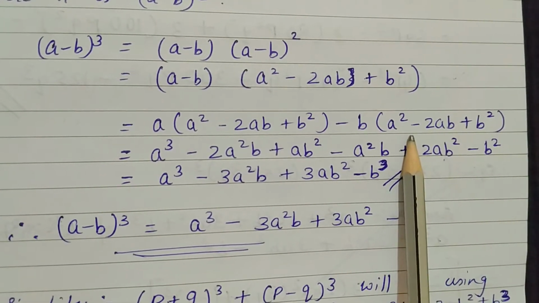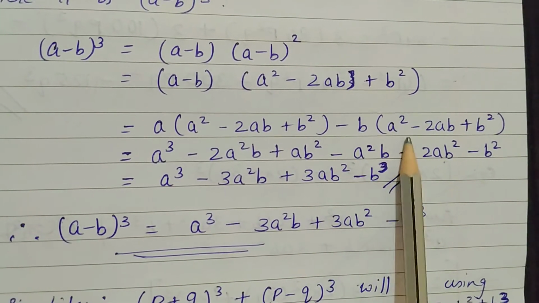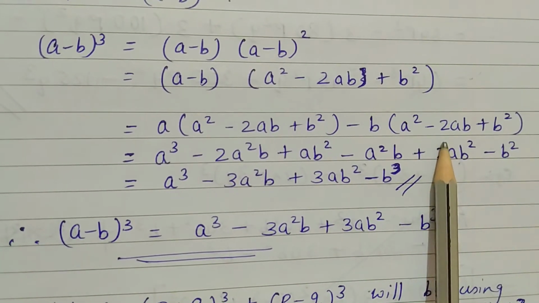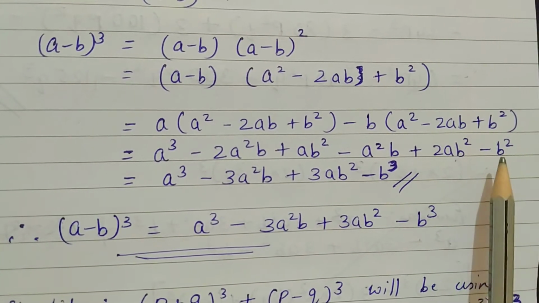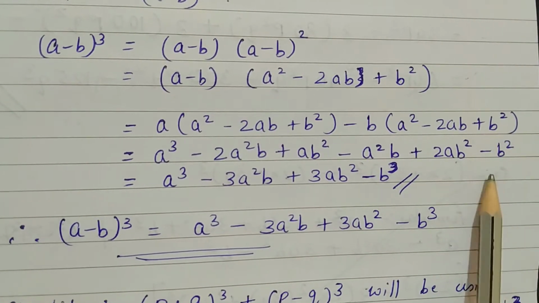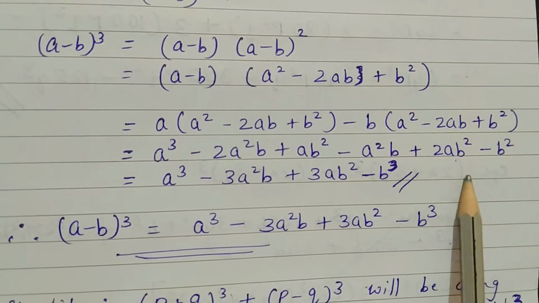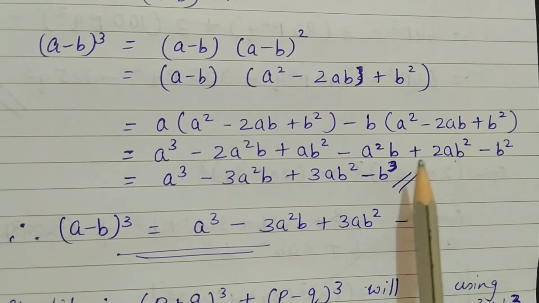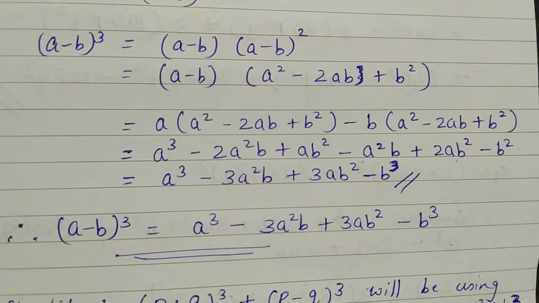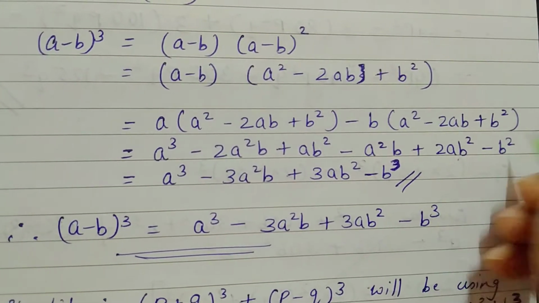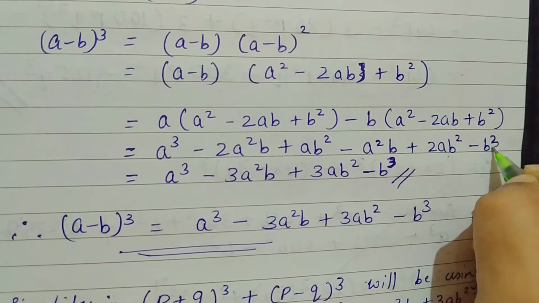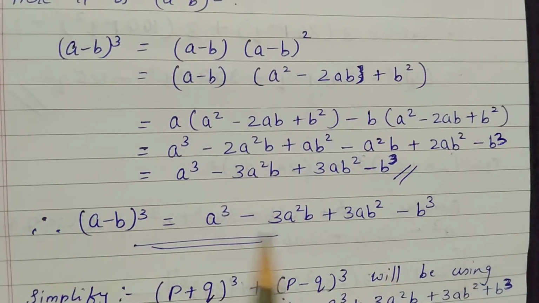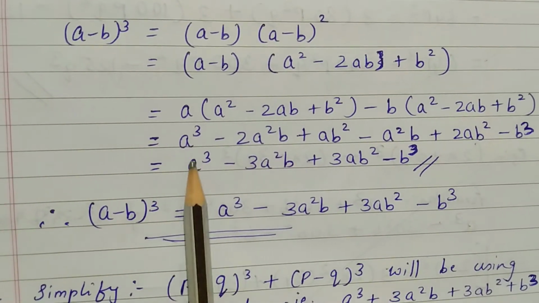Once the bracket is open, minus into minus is plus. 2 into 2ab into b is 2ab square, minus into plus is minus, b square into b is b cube.